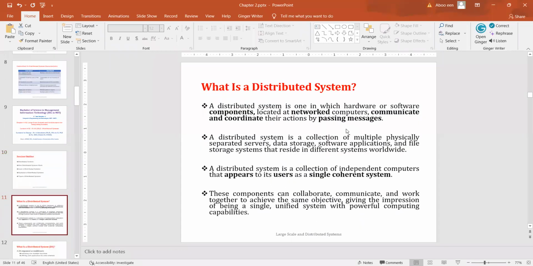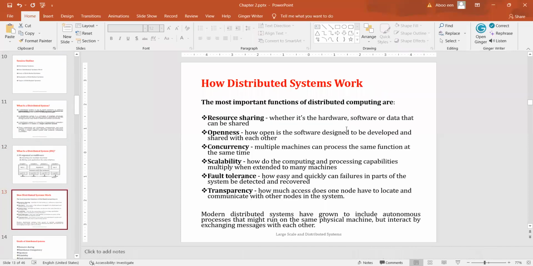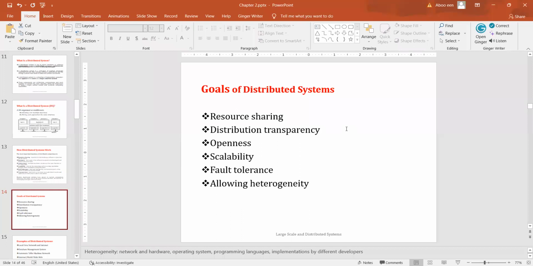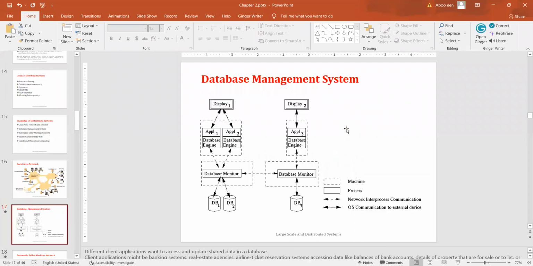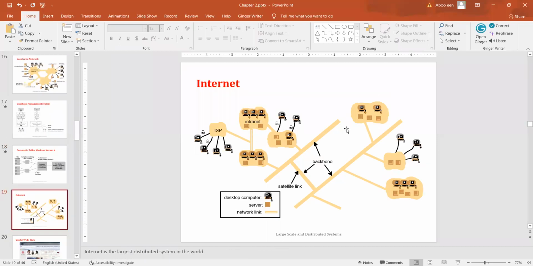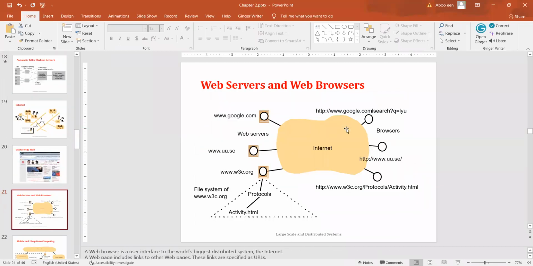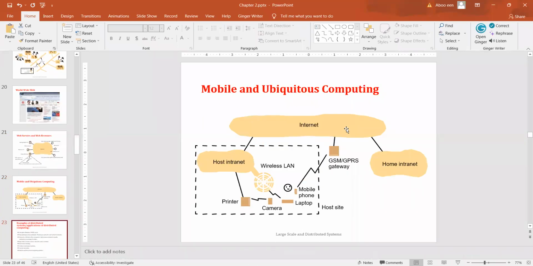We also looked at how these distributed systems work, the goals of a distributed system, and examples of distributed systems, such as local area networks, database management systems, automatic teller machine networks, the internet, the world wide web, web servers and web browsers, and mobile and ubiquitous computing.